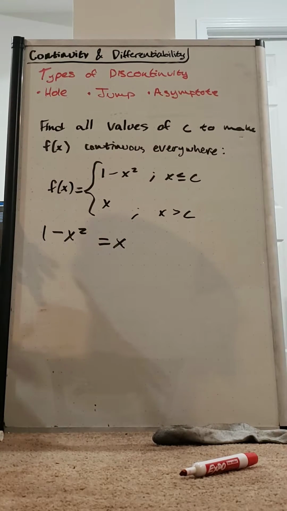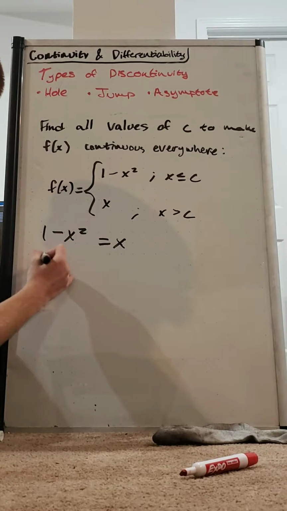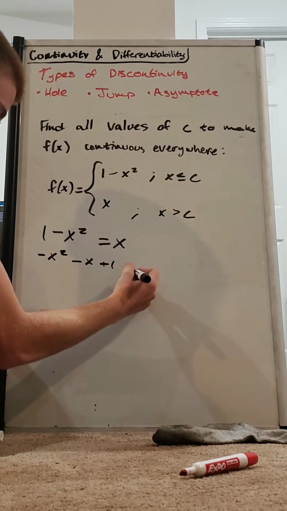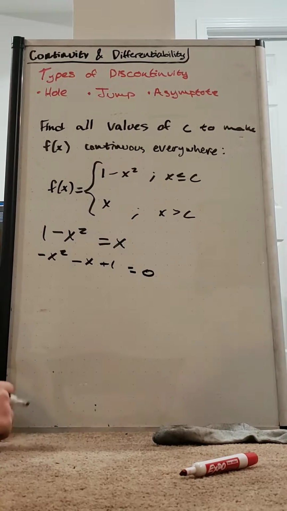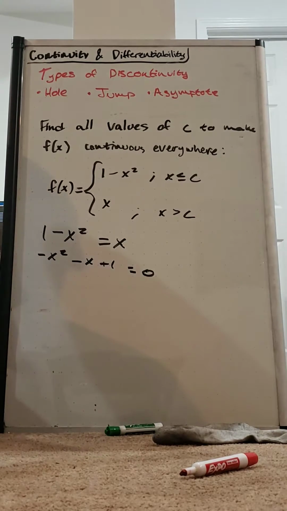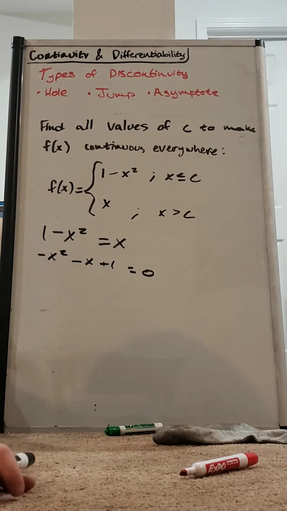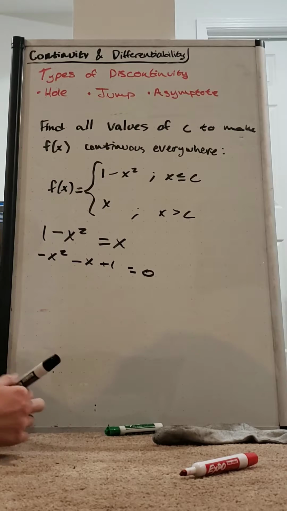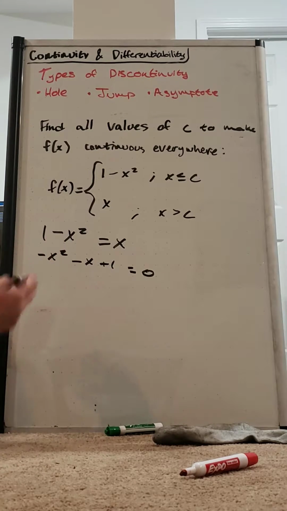Right, so we get negative x squared minus x plus 1 equals 0. And it may look like you can factor this, but we're going to have to use the quadratic formula, since you can't find any numbers that multiply to -1 and add to 1 after you pull this out.